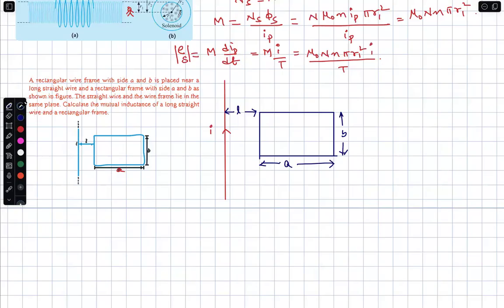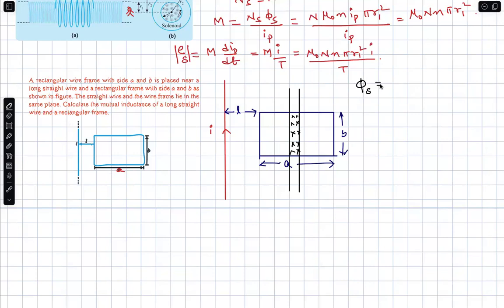Now you see, you have an element shown here. Say, for example, all this is an inward magnetic field. I think we have done this n number of times.